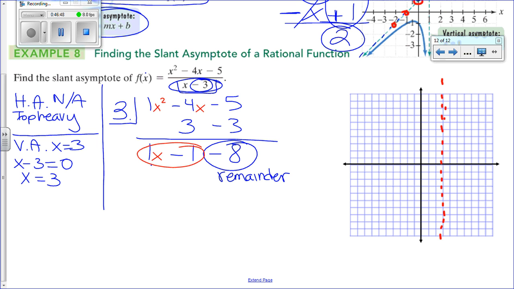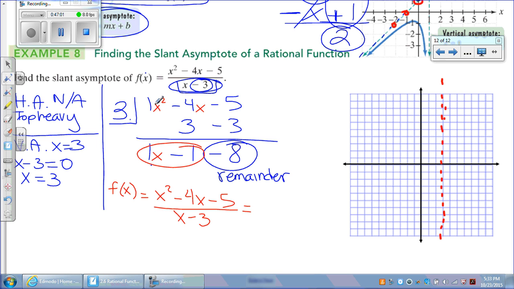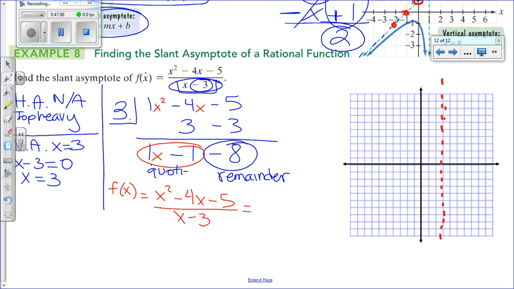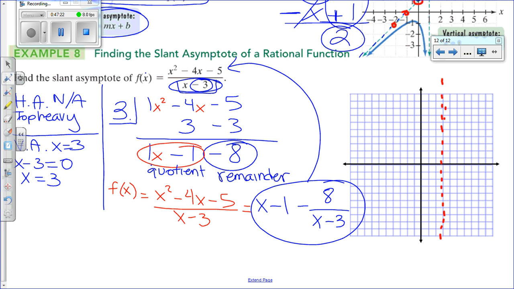So what I can do here is that the function x squared minus 4x minus 5 divided by x minus 3 is equivalent to the quotient, which comes from here, and that quotient is x minus 1, minus the remainder divided by the divisor, which is x minus 3. This is just a different form of the original function.